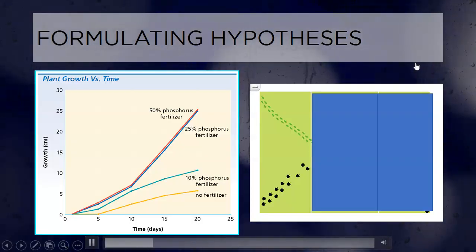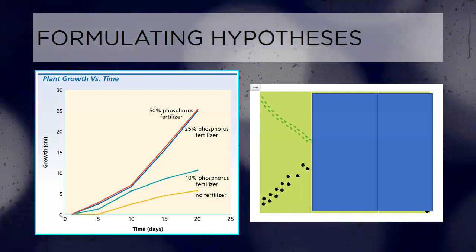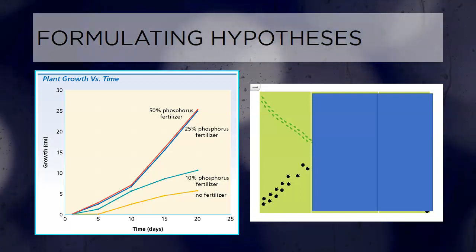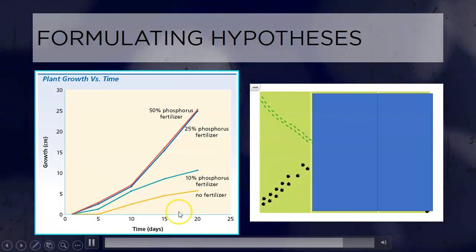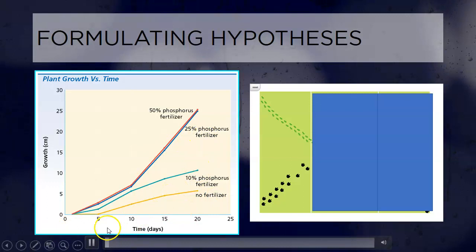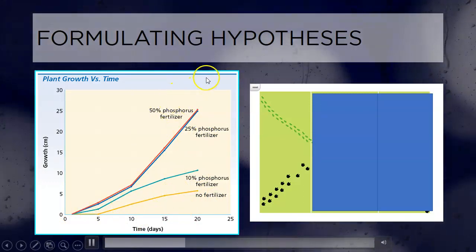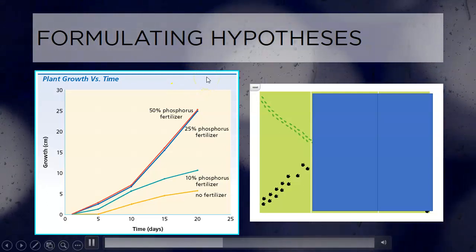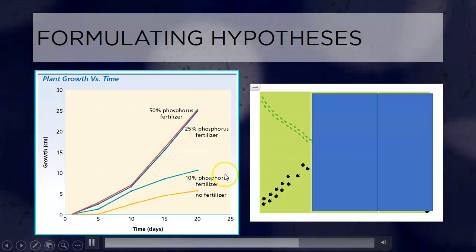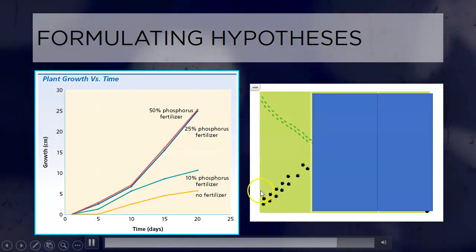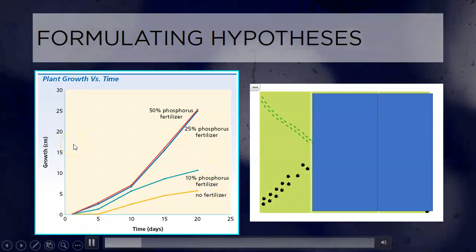So here's some just practice making observations, talking about hypotheses a little bit. Notice the trends on the graph here. We have when I use no fertilizer versus when I use 10%, versus when I use 25%, versus when I use 50%. If I were to compare no fertilizer to 10% fertilizer, I could make a hypothesis. If I add more fertilizer, I'll see more plant growth.